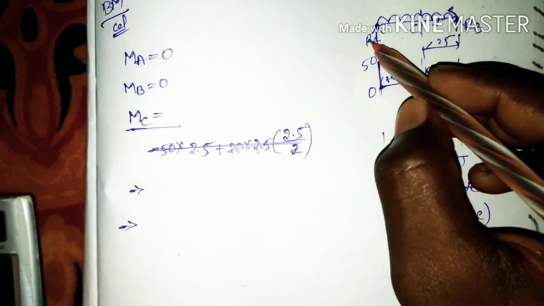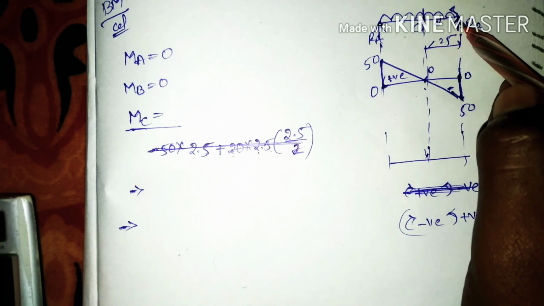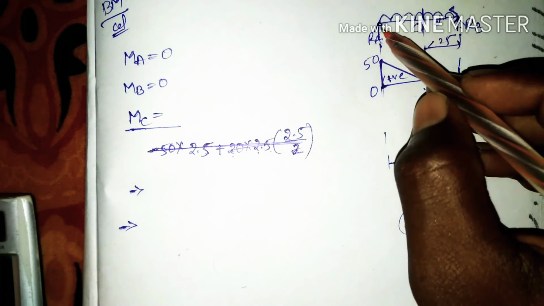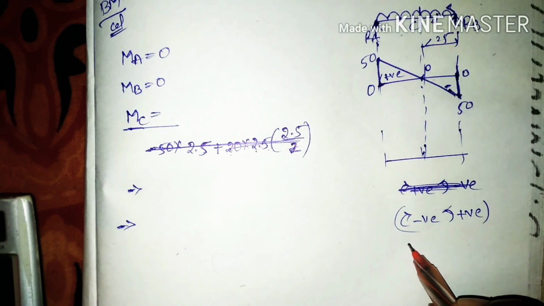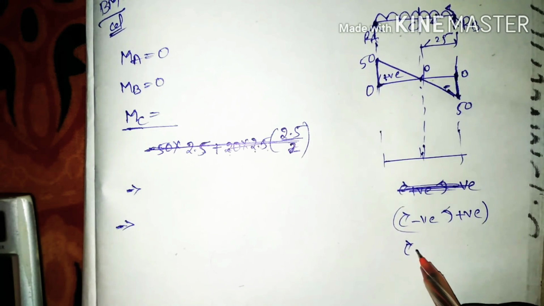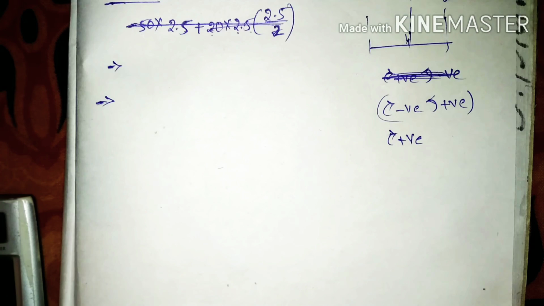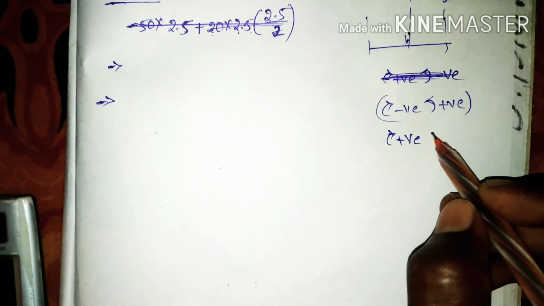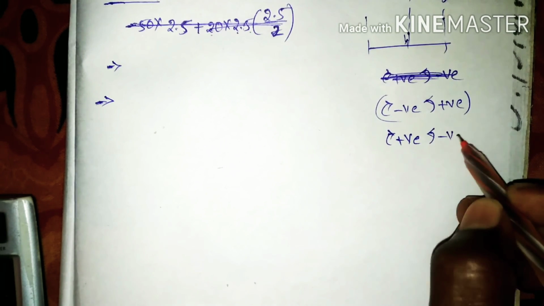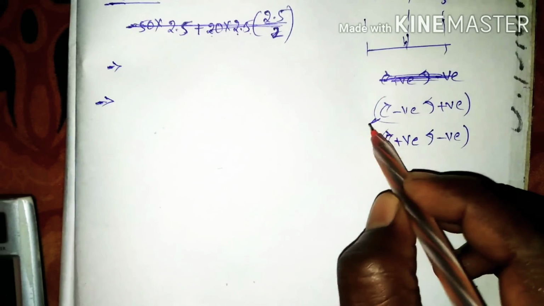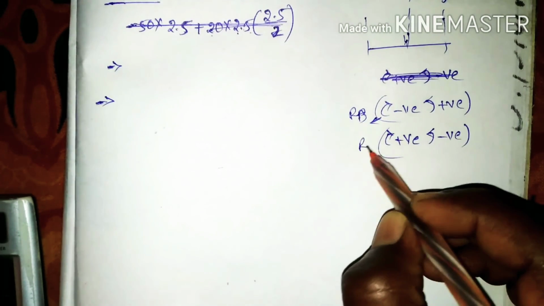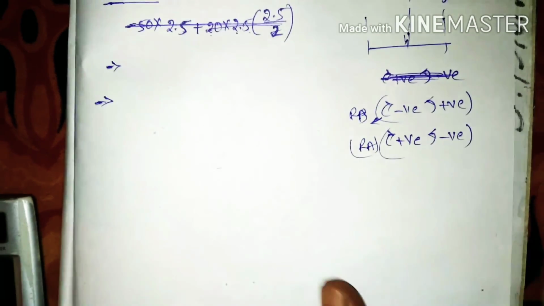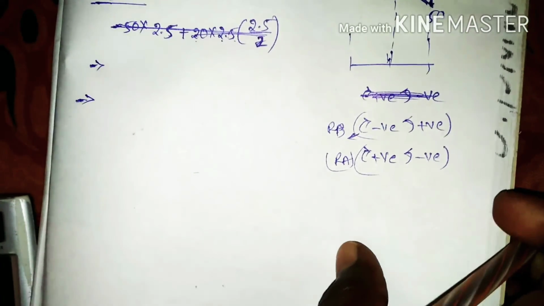Either you can take from A or B. If you are going to take from A, the sign convention will be different: clockwise will be positive and anti-clockwise will be negative. Either you can take from RB or RA.